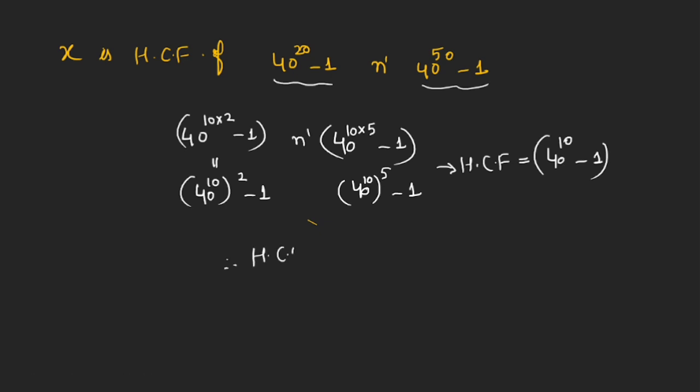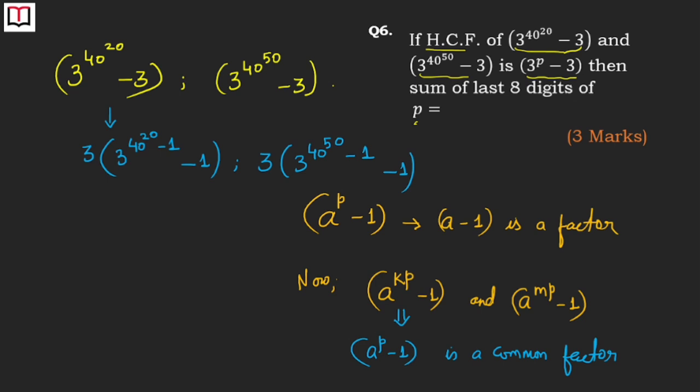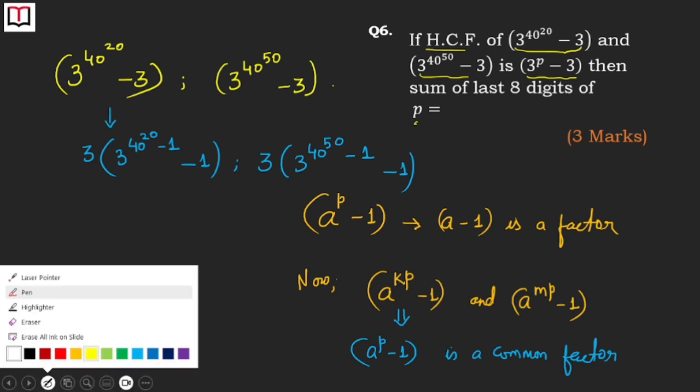Therefore the HCF is 3 times 3 raised to the power 40 raised to the power 10 minus 1, which is 3 raised to the power 40 raised to the power 10 minus 3. What we have to find is 3 raised to the power p minus 3. So what is p here?